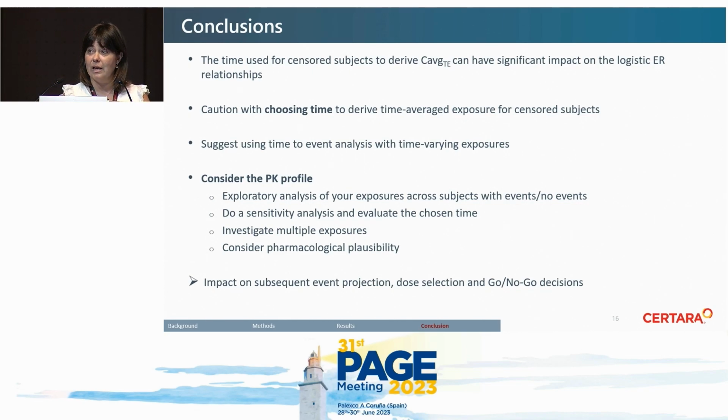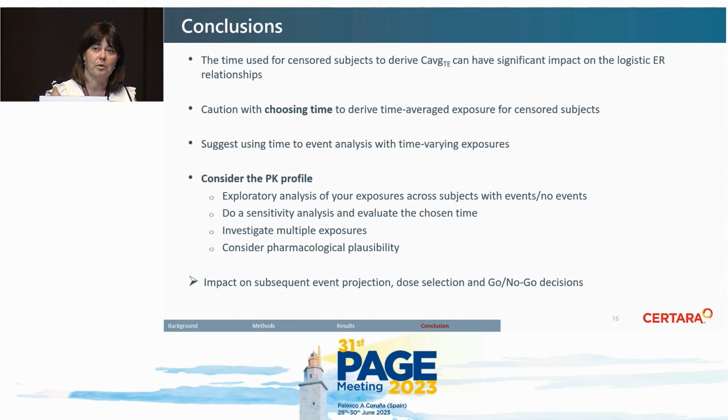So we would highly caution choosing the time for the censored subjects. Of course, if you can use time to event analysis with time varying exposures, that's probably the best way and highly suggested, but that's not always possible.